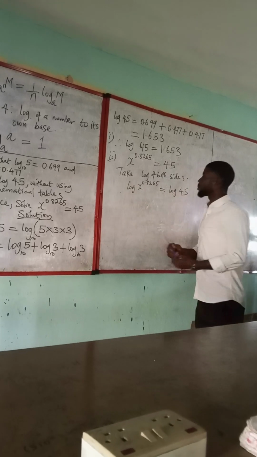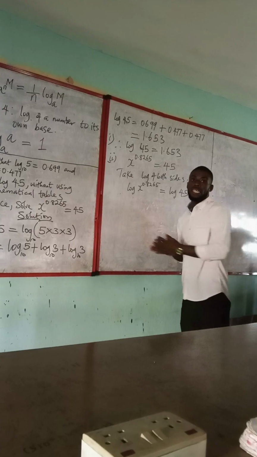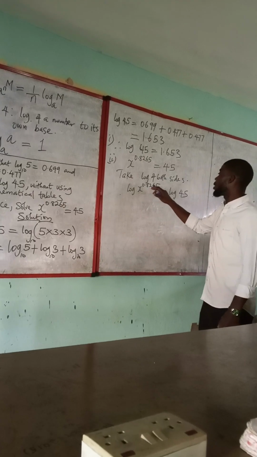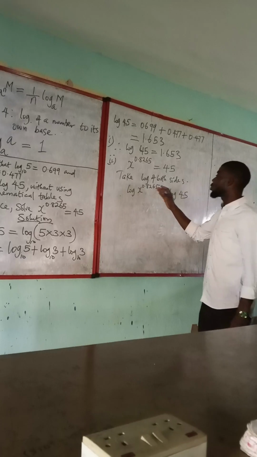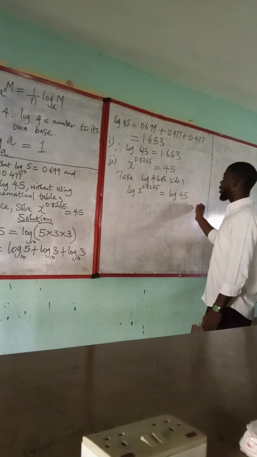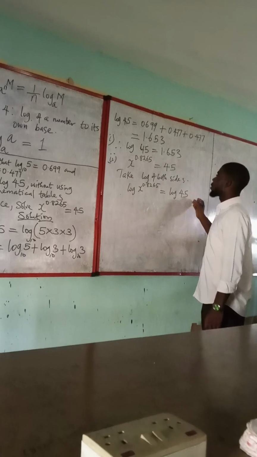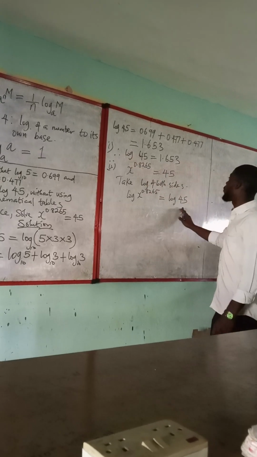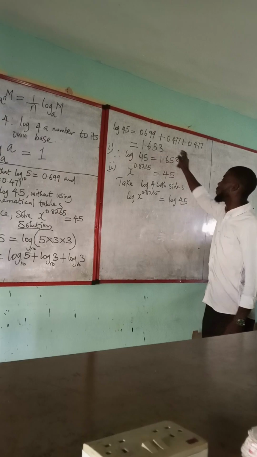Now if you look at the left hand side, this is a logarithm with a power 0.8265, while on the right hand side, I just have log 45. Do I know log 45? Yes, from my question I, I've already solved log 45 to be 1.653.